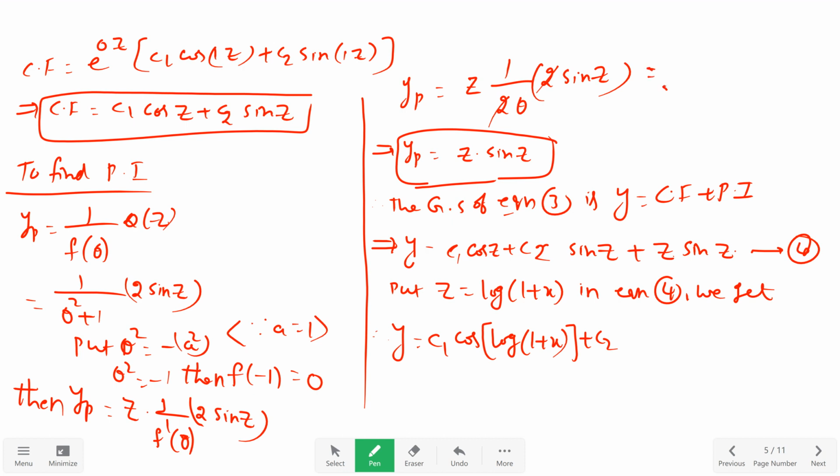Now in this step you can observe that z into 1 by theta of sin z means z into the integral of sin z dz. The integral of sin z is equal to minus cos z.